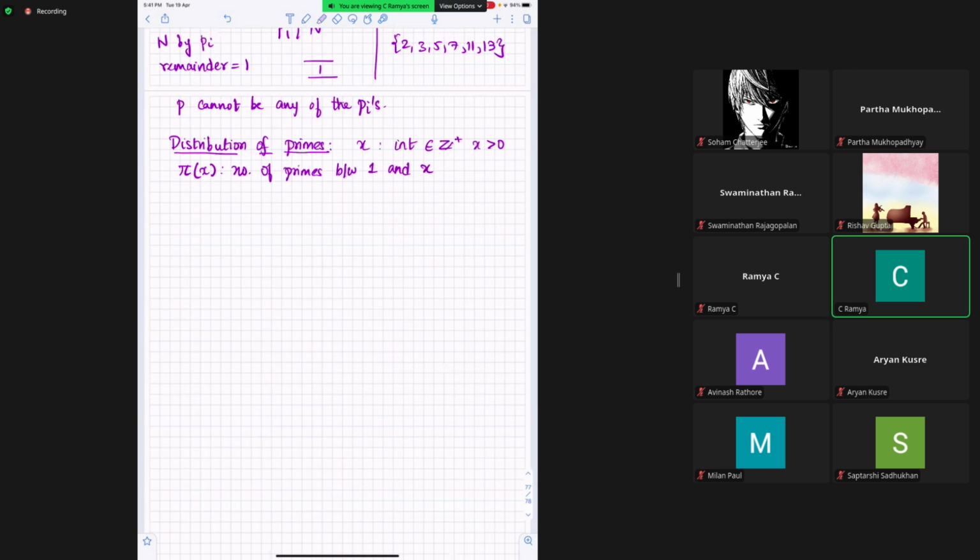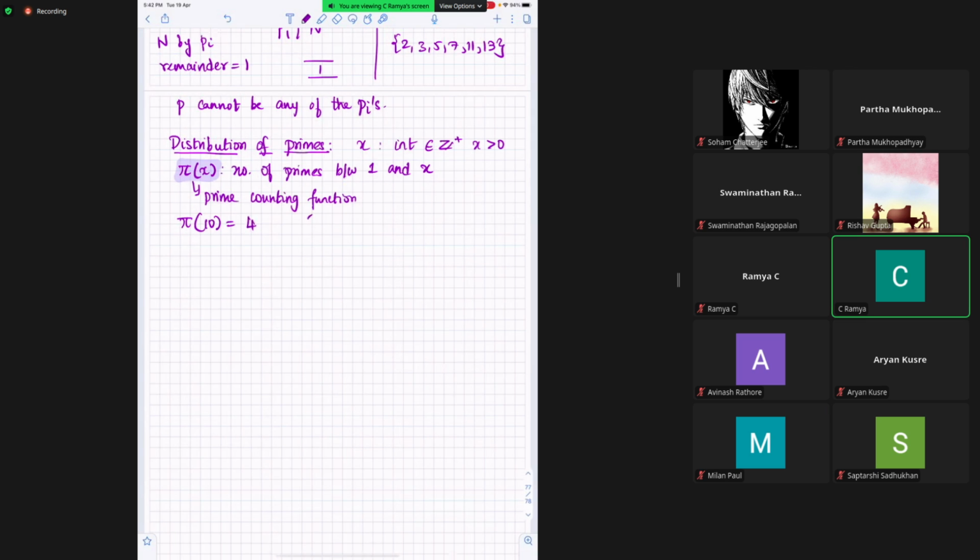This is a really important function. It's called the prime count. For example, if you look at pi of 10, how much is that? Four.